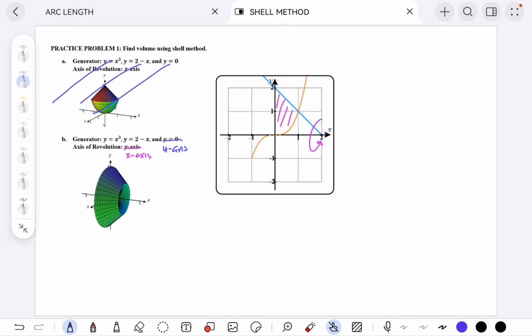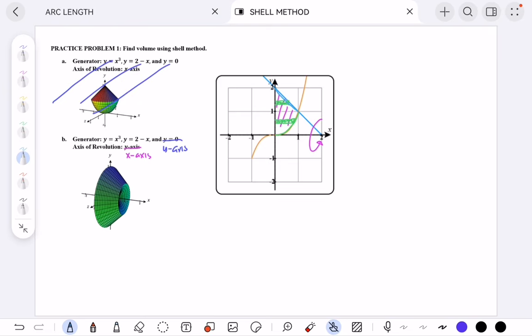Since we will be revolving it with respect to the x-axis, our rectangles are horizontal. But notice that if I have rectangles in this portion, the height is different from here and from here to here.